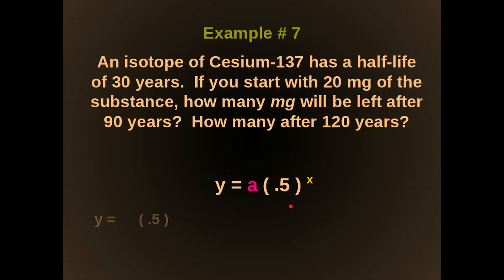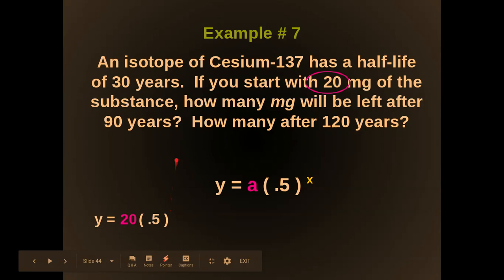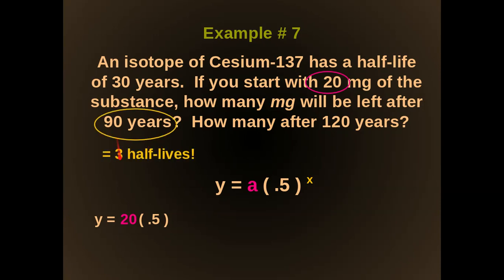We started this problem with 20 milligrams, and then we want to figure out how many half-life periods will go into our exponent. So the half-life is 30 years. There is a total of 90 years that has passed. So if you do 90 years divided by 30 years, that gives you 3 half-life periods have passed.